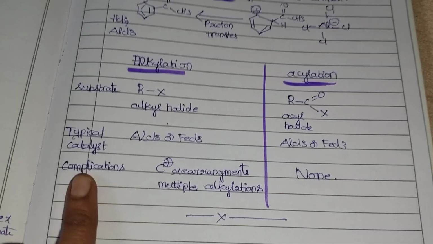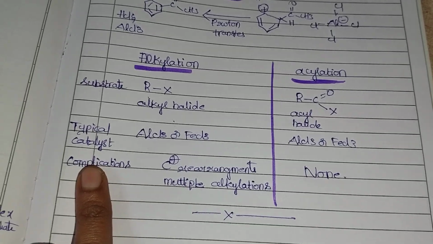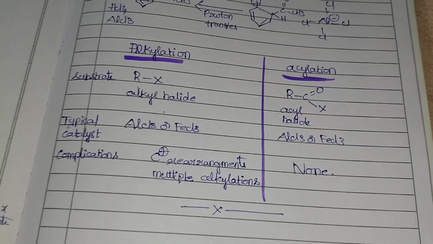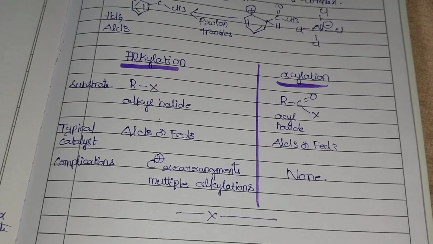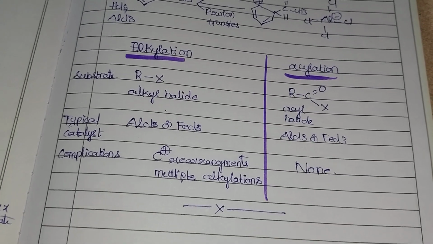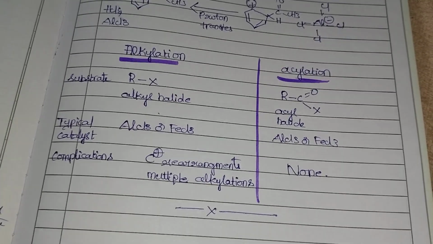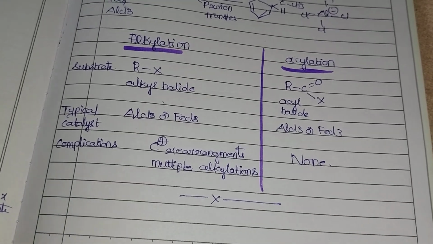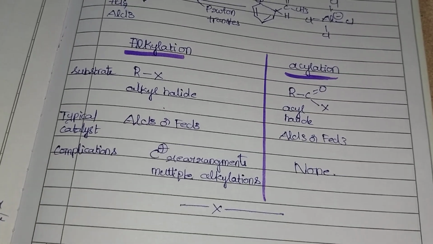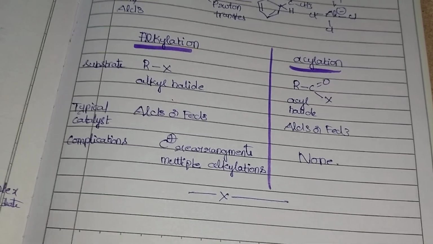The complication in the alkylation reaction is that the carbocation which is formed will rearrange. That is one problem, and we can see multiple alkylations because the final product which is formed is more reactive and will continue to undergo alkylation continuously. So many products will be formed, and we cannot isolate the final product correctly.